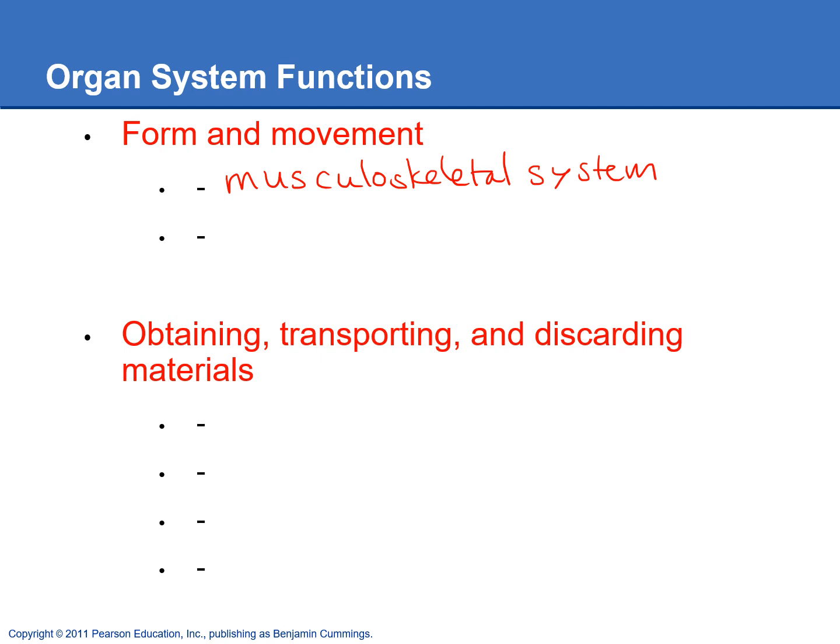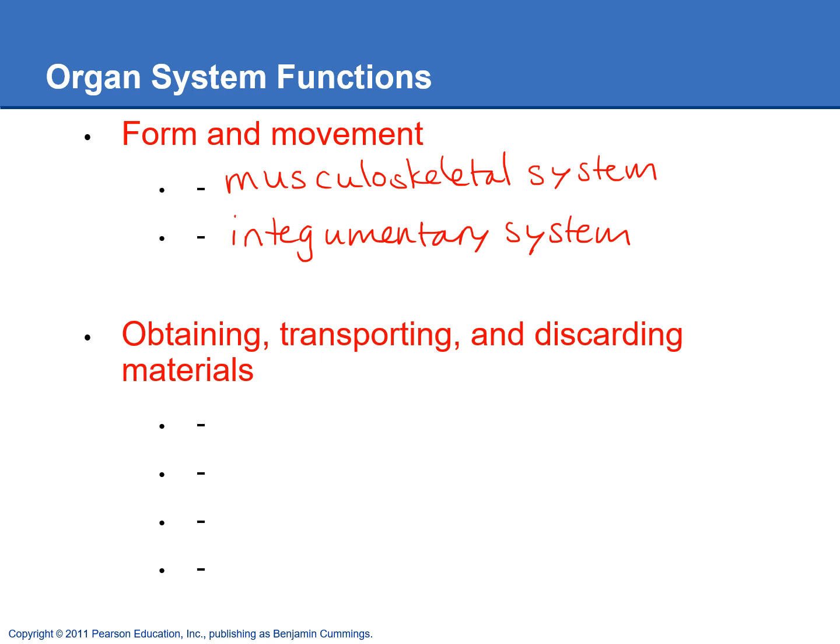And another one that helps give you your shape would be your skin, right? Okay, that helps keep you together. And your skin is called your integumentary system. Okay, another function for organ systems.